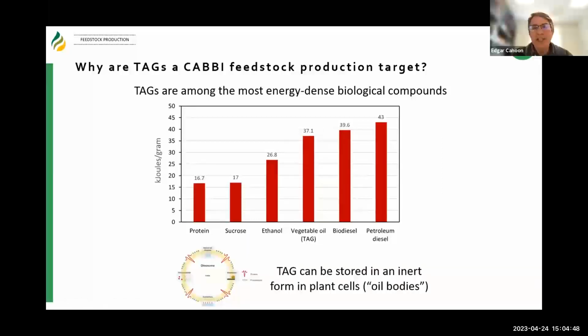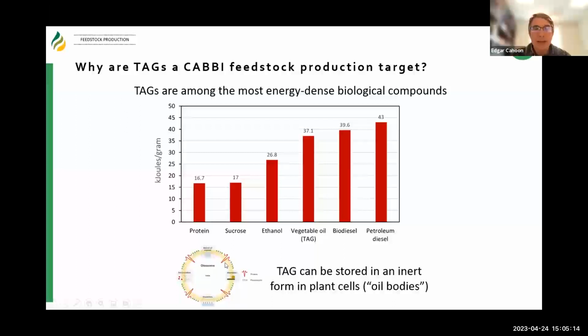In addition, TAGs are inert. They don't affect the osmotic potential of the cell, so they can be stored in an inert form, typically as an oil body that has a lipid monolayer and proteins associated with the oil body, but the vast portion of the oil body is TAG.